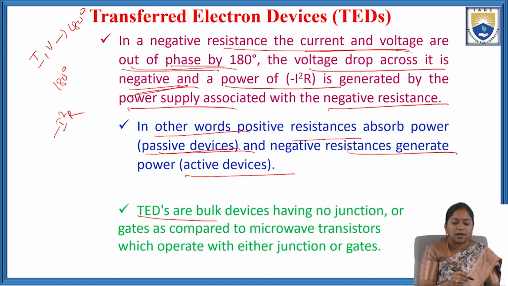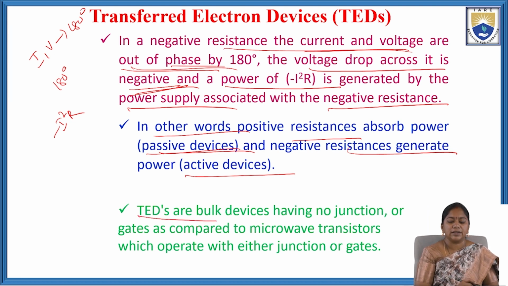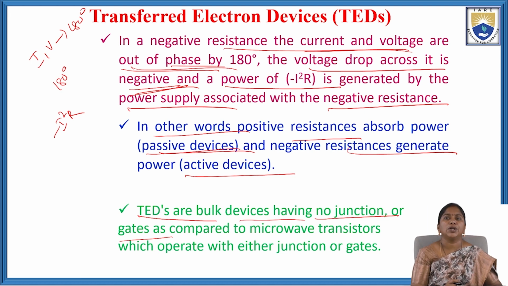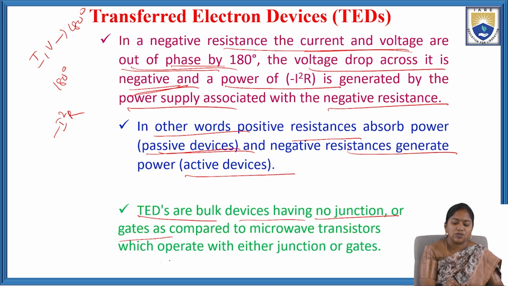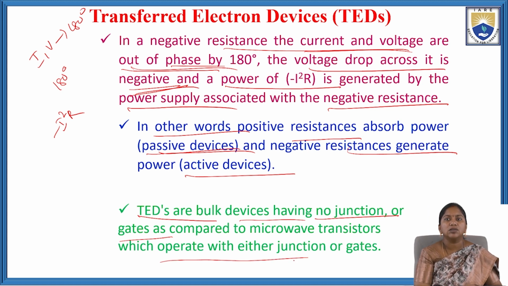TEDs, transferred electronic devices, are bulk devices having no junctions or gates, as compared to microwave transistors, which operate with either junctions or gates.